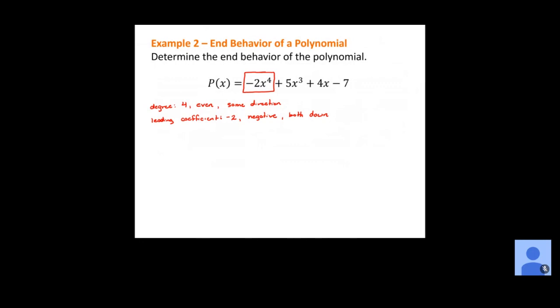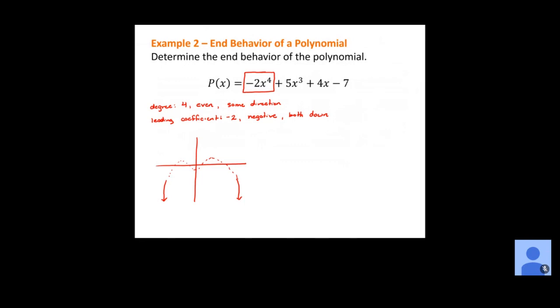And then the leading coefficient, whether it's positive or negative, is going to give us which direction we're actually going on each side. So if you were to sketch this out, what we know is that both ends of this are going down on the left and the right. And again, we don't really know exactly what's happening in between, but we do at least know this much about our graph.